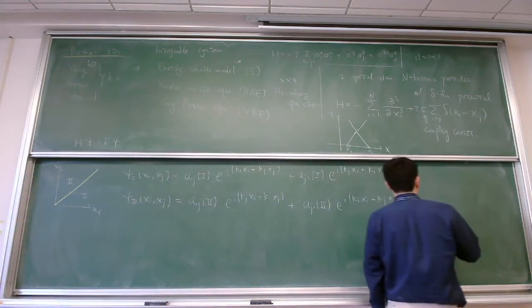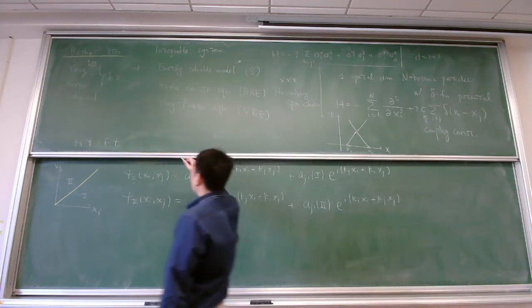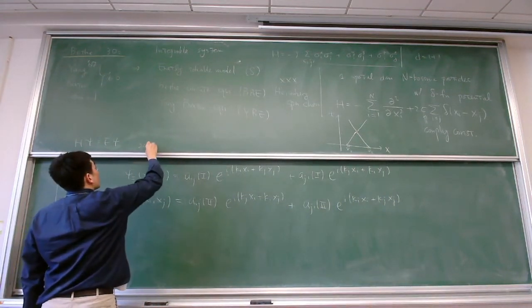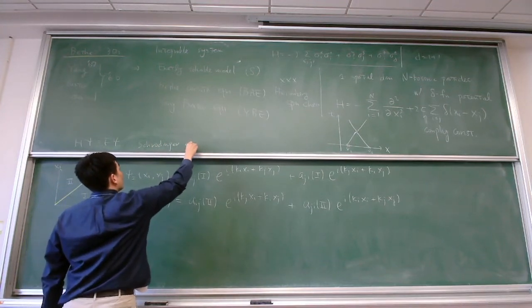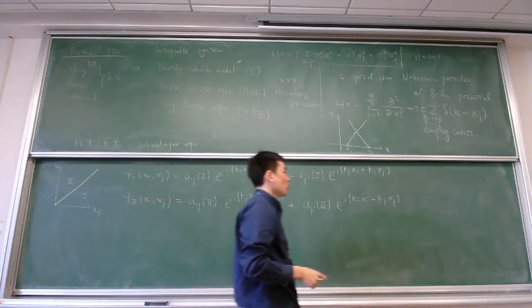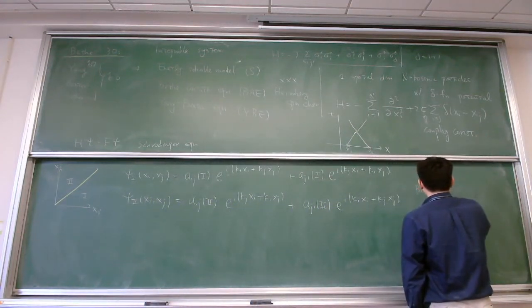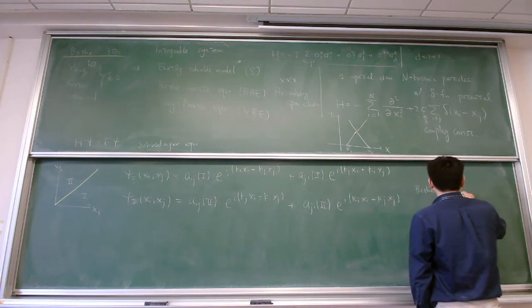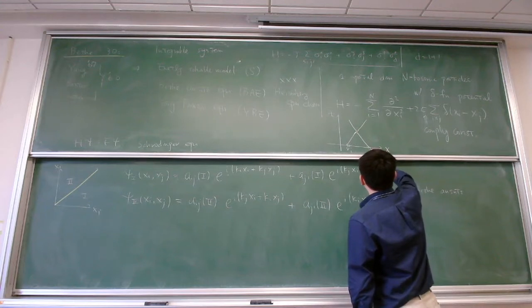He assumed this is a solution of this Schrodinger equation. Solution of Schrodinger equation in region 1, region 2. So this is called Bethe ansatz.